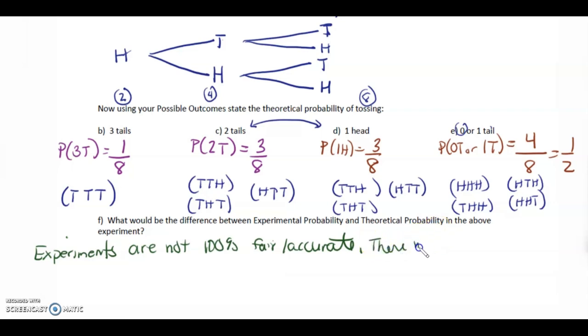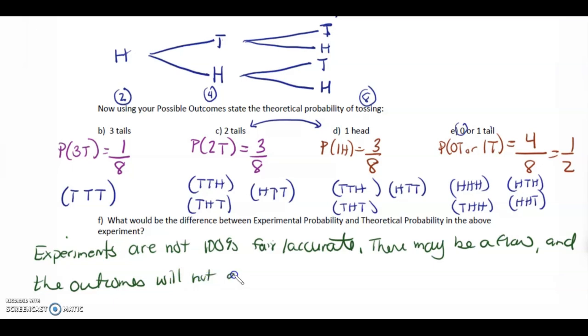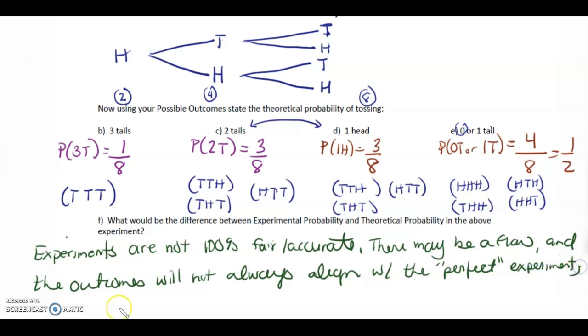So there may be a flaw in the outcomes, and they will not always align with the theoretical, we can say, the perfect experiment, i.e. theoretical probability.